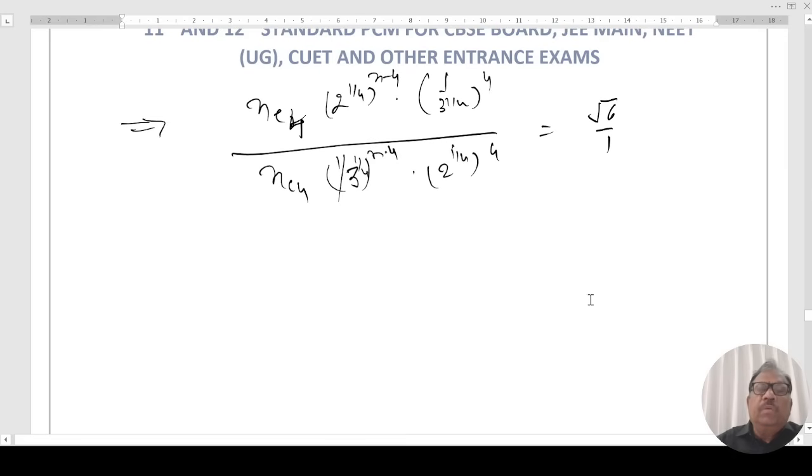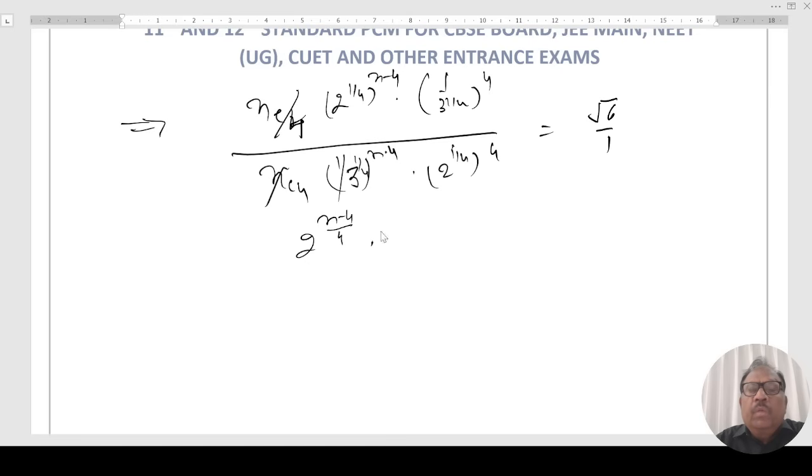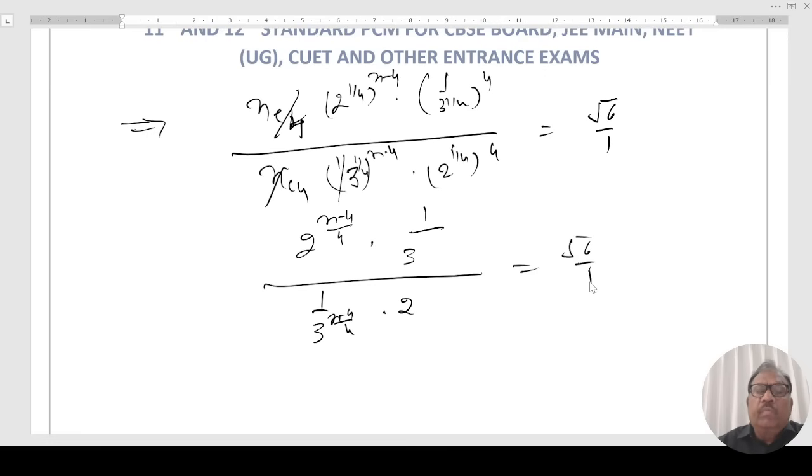On further simplification, nC4 cancelled out, 2^((n-4)/4) into 1/3, divided by 1/3^((n-4)/4) into 2^1. That comes out to root 6 is to 1.